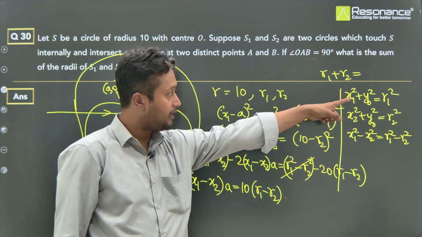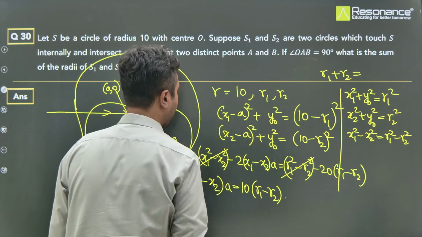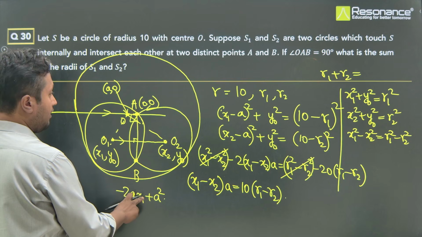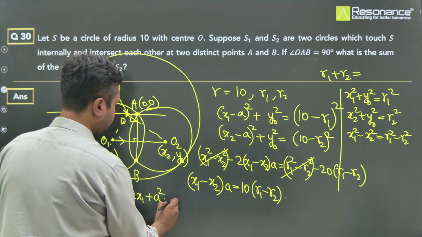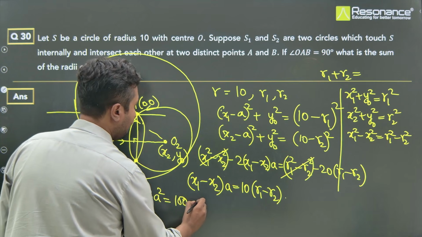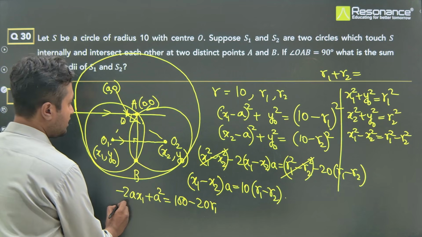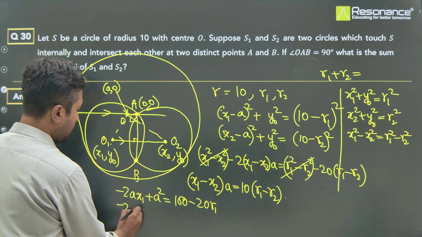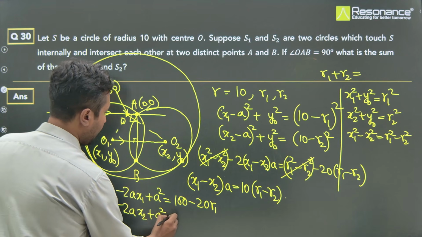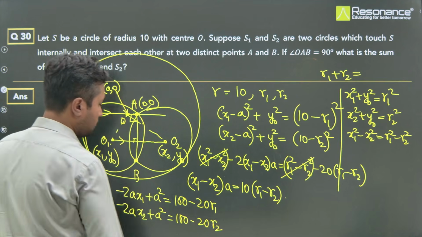Y0 square became r1 square, and then that cancels the r1 square. So we are just left with minus 2a x1 plus a square is equal to 100 minus 20 r1. And similarly, we would have minus 2a x2 plus a square is equal to 100 minus 20 R2.